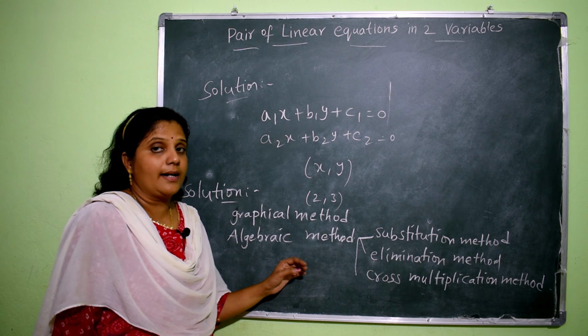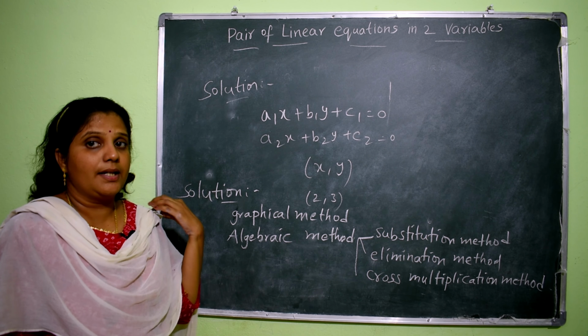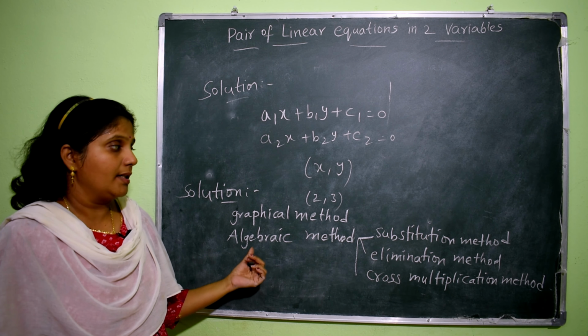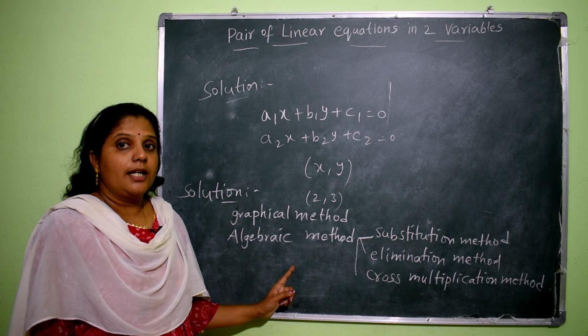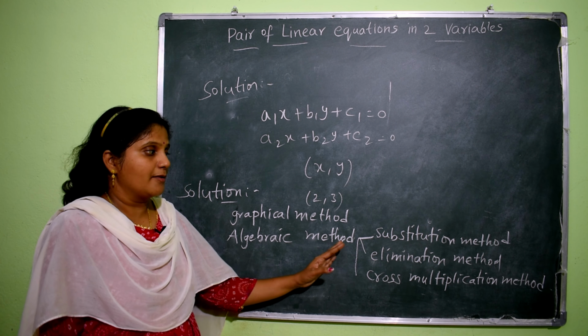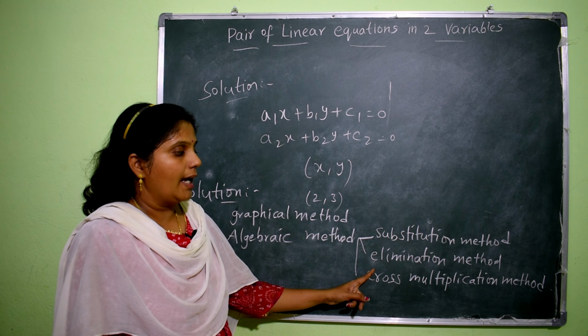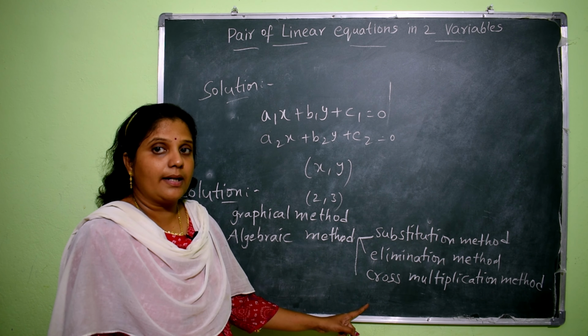So we are going to find the solution of the pair of two linear equations using these two methods. One is graphical method and the other is algebraic method. In the algebraic method, three types are there: substitution method, elimination method and cross multiplication method.